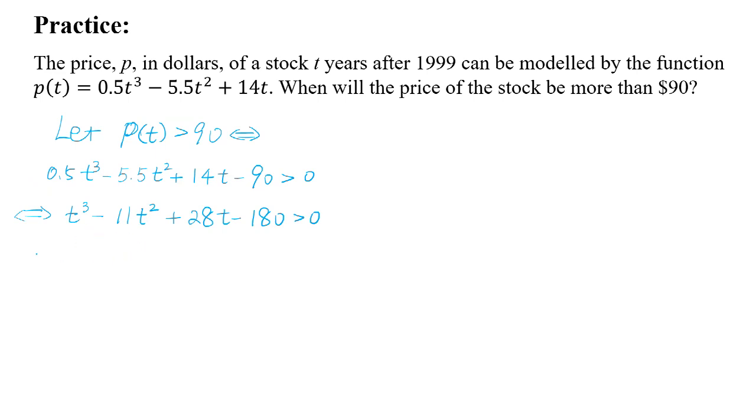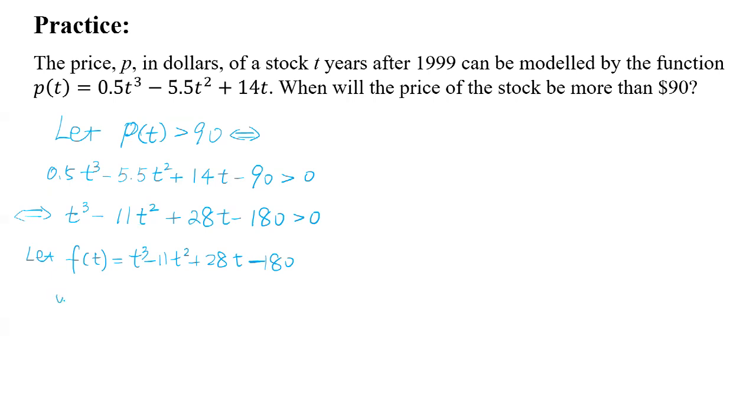Okay, so let f(t) stand for the function on the left hand side. And then actually we want to factor f(t), right? Again, usually you need to consult the factor theorem along with the integral root theorem.